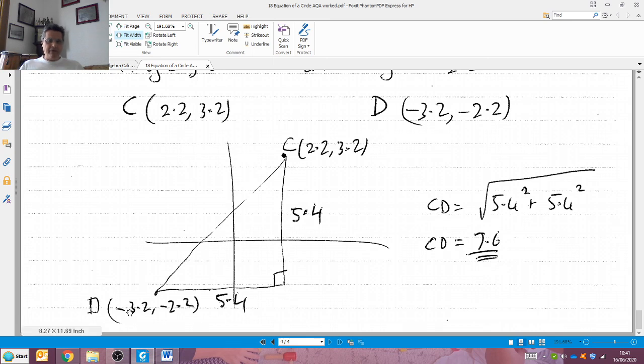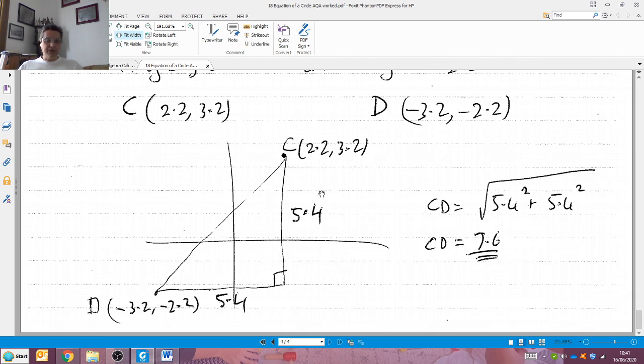Very simple. I'm going from minus 3.2 all the way to 2.2 here. So that's a jump of 5.4 units. So that's 5.4. And how do you get from minus 2.2 on the y up to 3.2 on the y to there? Answer, that's another jump of 5.4 units. Now we do Pythagoras.